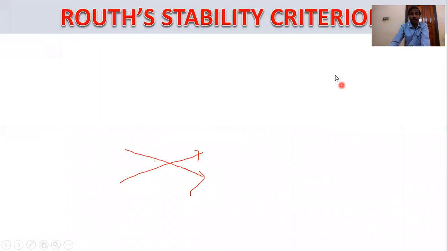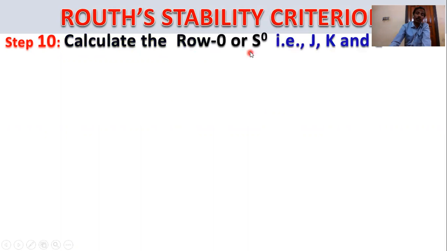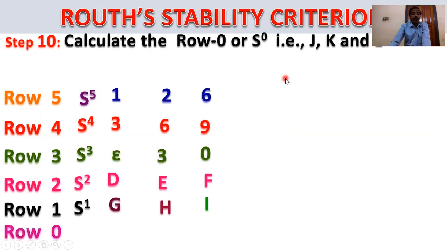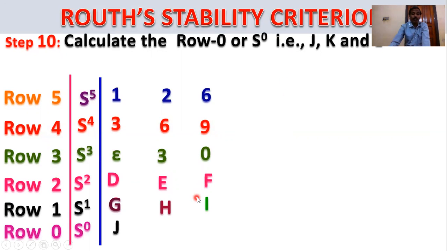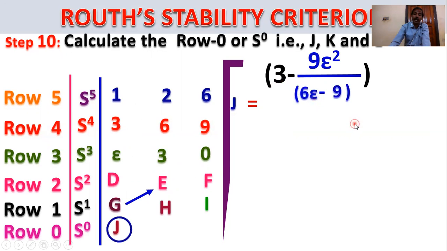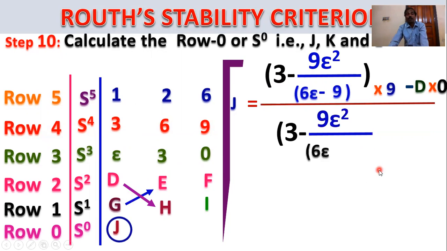What is the value of J? This is step number 10: calculate row 0, or s to the power 0, that is J, K and L. First construct the Routh table 2, 3, 1, 0, and then calculate the value of J. J equals G into E minus D into 0, divided by G, and this cancels out, so only 9 remains.